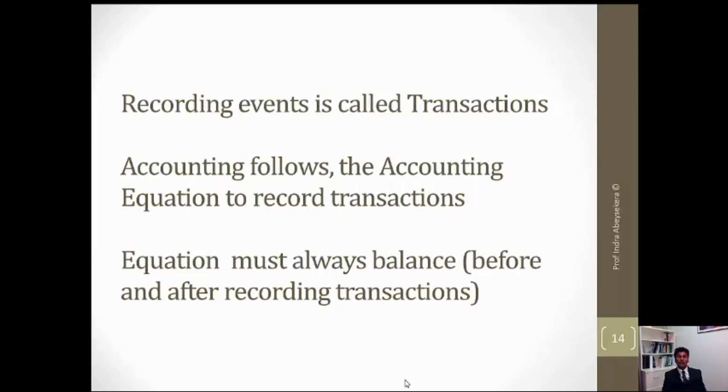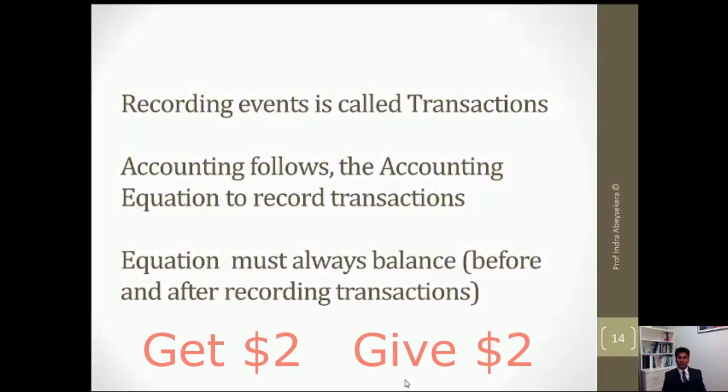When we record information in the accounting system, we follow an accounting equation. And that equation must always balance. As I mentioned about the toothbrush, there's $2 of the toothbrush that we bought and $2 worth of cash that we paid for it.